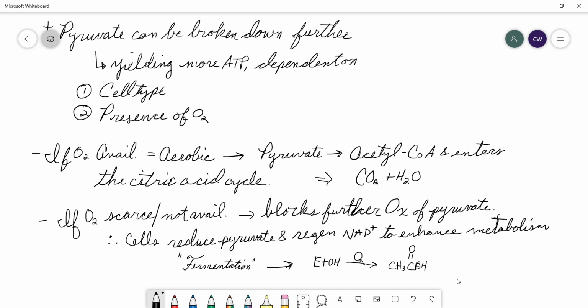Right? Also known as vinegar, right? Just so happens to be my favorite acid. Might be a bonus point on your next exam. Who knows?